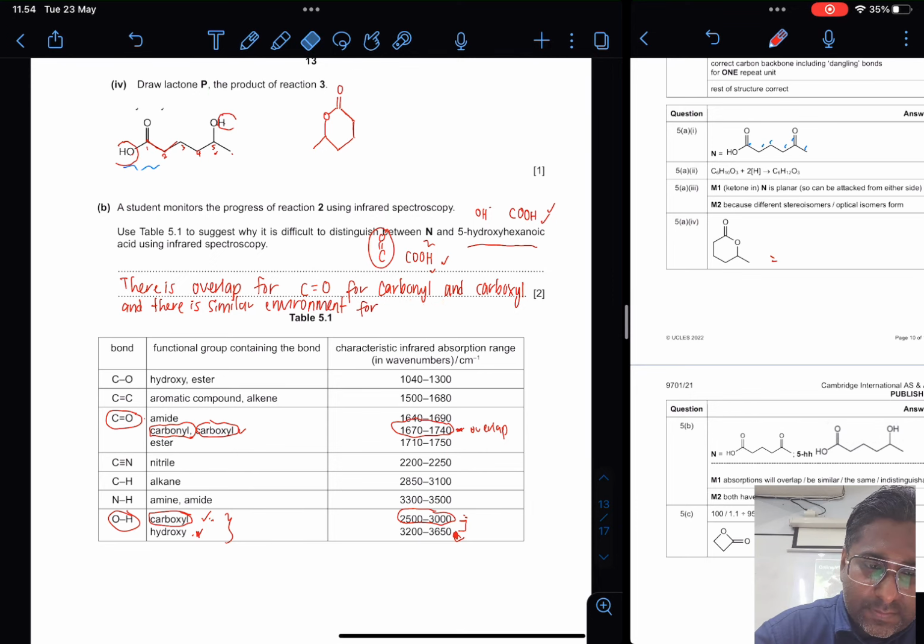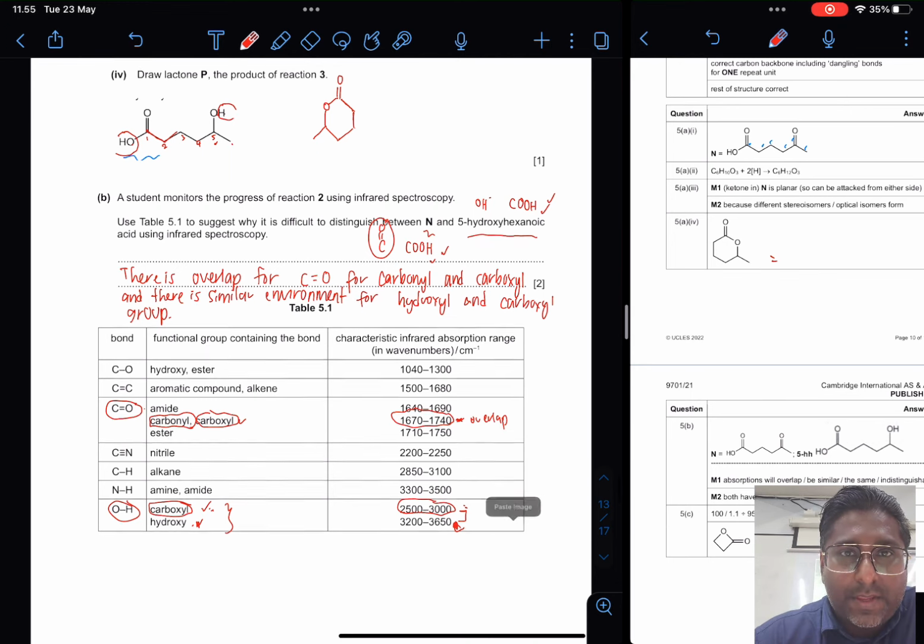Hydroxyl and carboxyl group. That's going to be difficult for us to identify.